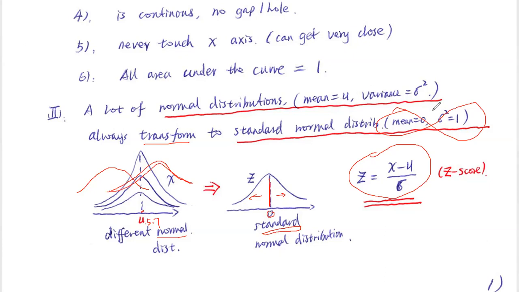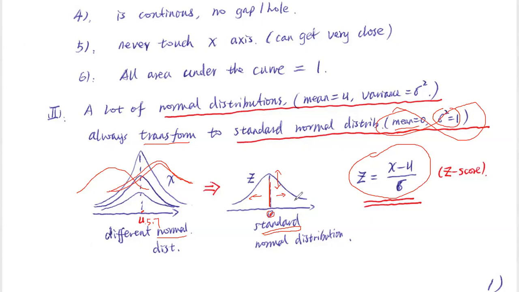Number two, the variance has to be exactly equal to 1. What does that mean? The variance helps us control whether the curve is going up or going down. In other words, the center being exactly 0 controls the horizontal direction, so we cannot move to the left or to the right.